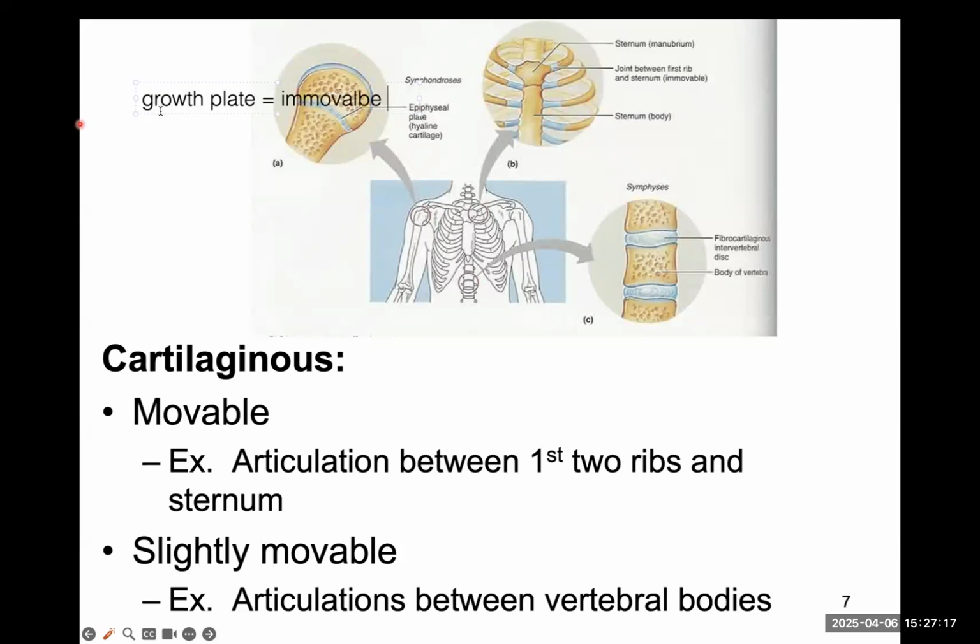Which is synarthrosis. Hopefully you remember that. I was trying to move this, but I can't, I think. So I apologize. It kind of wrote over the bone, but it's saying growth plate is immovable.